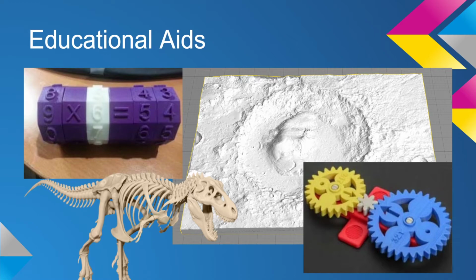My favorite is the white object in the back there, a scan from NASA that was made available, and that's Gale Crater on Mars. If you're discussing a unit on, let's say, space, and you talk about the rovers on Mars, you can have a printed object that the students can look at to get a better understanding of what this Gale Crater that everybody's talking about is.